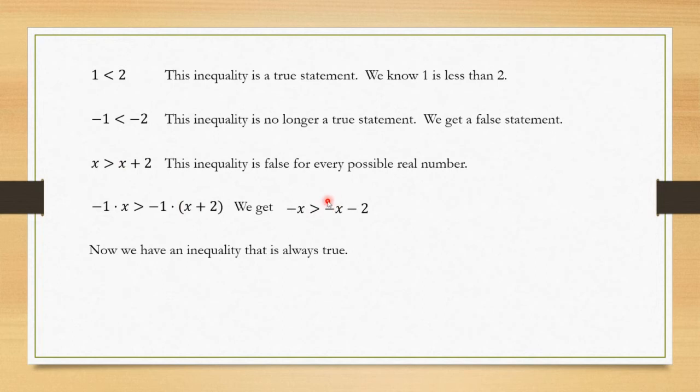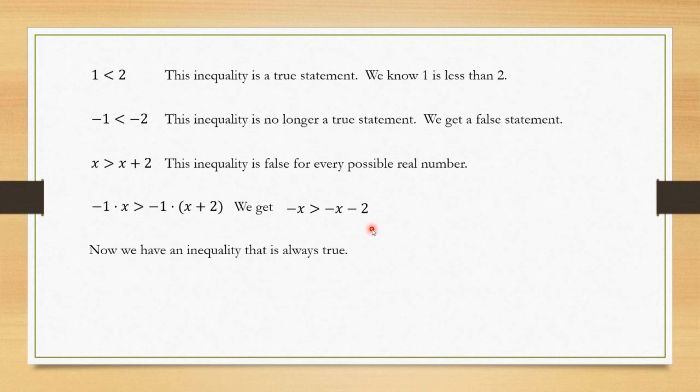It might be hard to see now, but it turns out this is always true. So from false to true. That's why you have to turn the inequality around. When you multiply or divide by a negative, you do. By a positive, you're not supposed to. So that's what I'm saying here. Okay, that was fun.